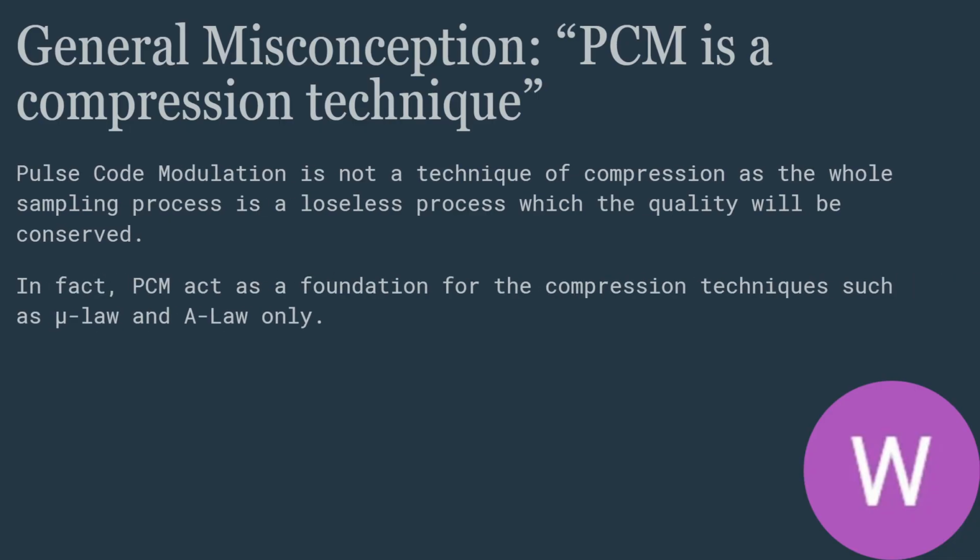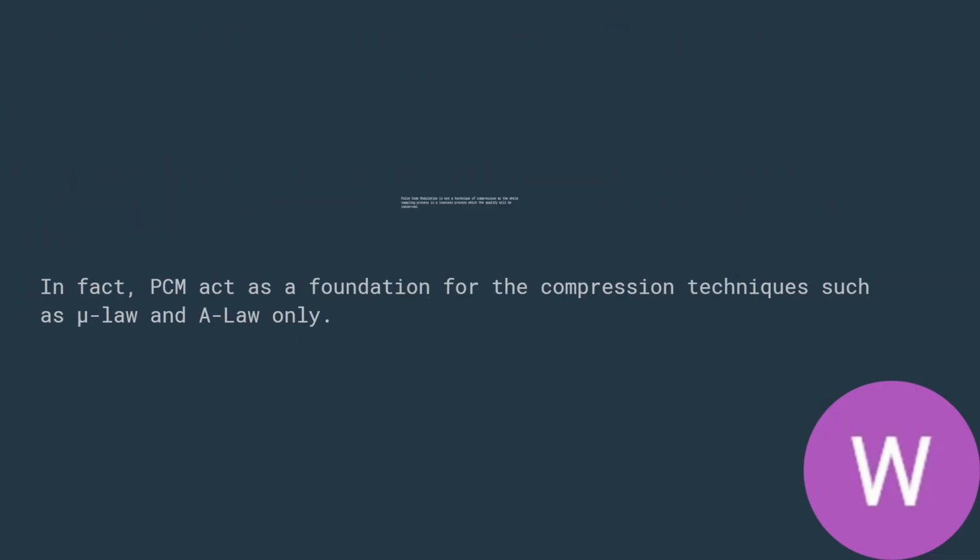Another misconception is that people say PCM is a compression technique, but in the actual case, PCM is not a compression technique, as the whole sampling process is lossless, where the quality will be conserved. In fact, PCM acts as the foundation for compression techniques such as mu law and A law only.